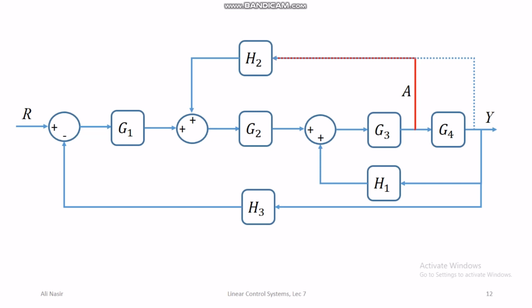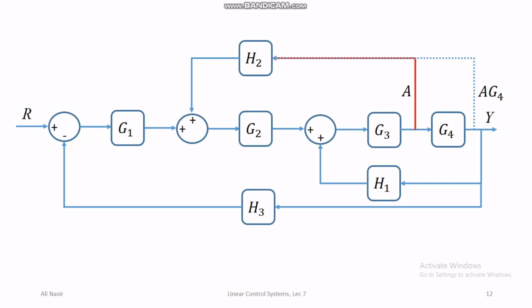In the original model we have a branch where some signal, let's say signal A, is going into the block H2. If we change the rear end of the branch, then instead of signal A going into the block H2, signal A times G4 will be going into the block H2, and the signal going into the summation point will become A times G4 times H2, whereas in the original block diagram the signal going into the summation point after H2 was A times H2.